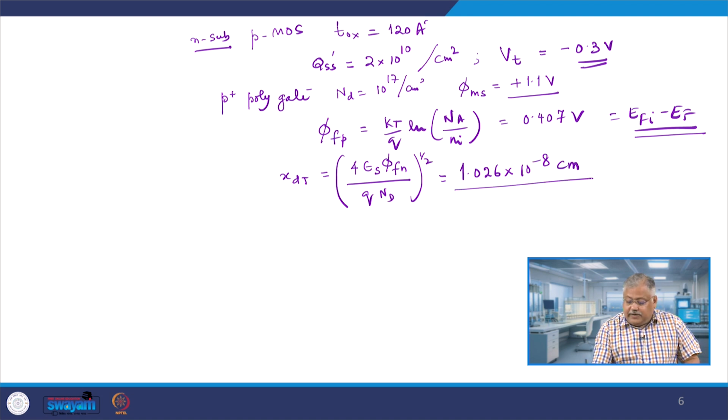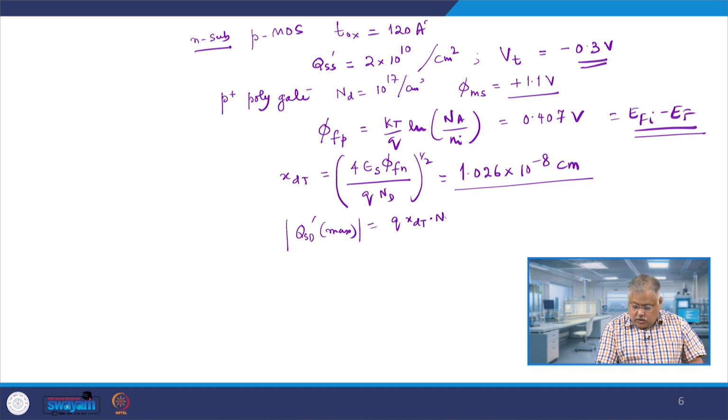Once you know the value of XDT, you can now extract the value of QSD prime max, which comes out to be Q XDT into Na or Nd in this case, and if you solve it, I will get 1.642 into 10 to the power minus 7 coulomb per centimeter square.